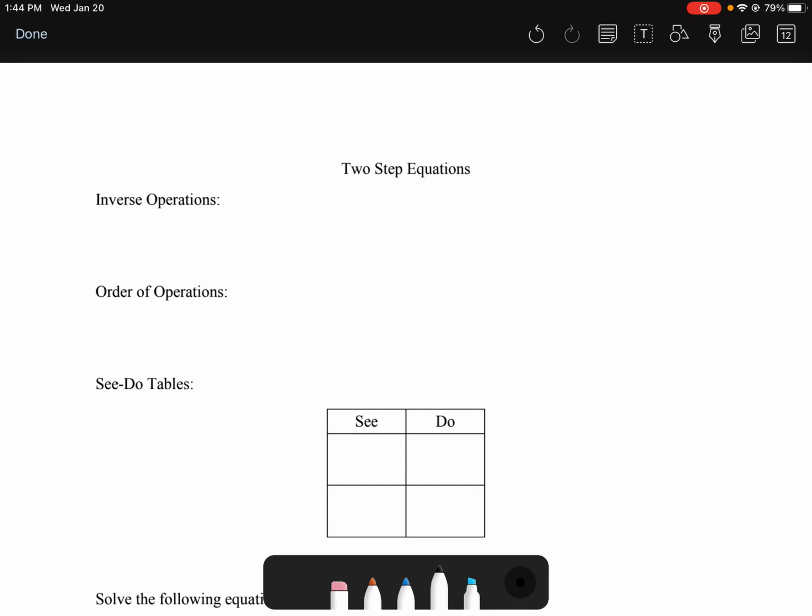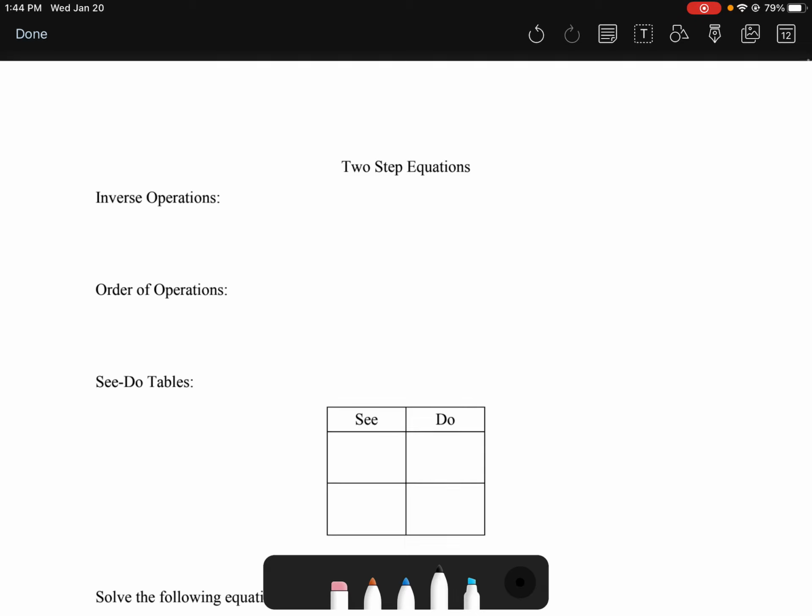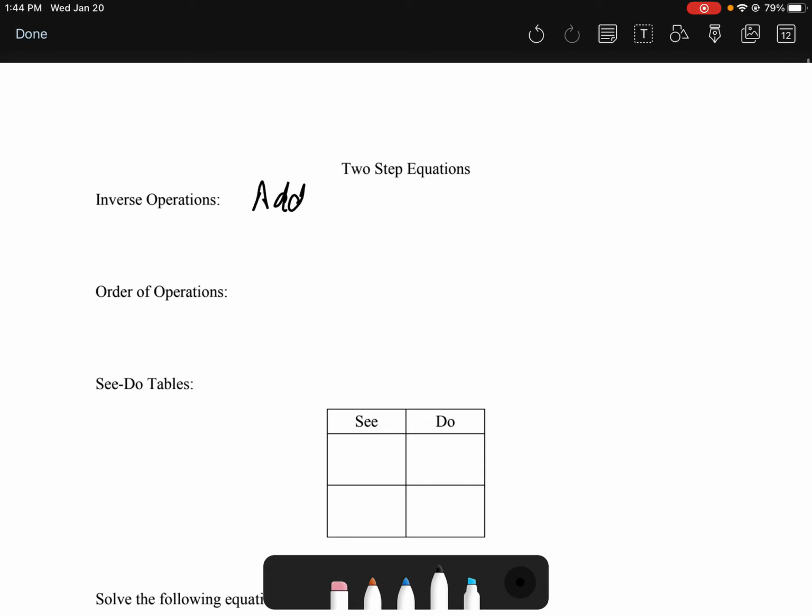One is inverse operations. We talked about this earlier this week with one-step equations. When you are adding two things and you want to cancel out that adding, you must use subtraction, because they are opposites of one another. Same thing if you're doing subtraction and you want to get rid of it, you just go ahead and add it.